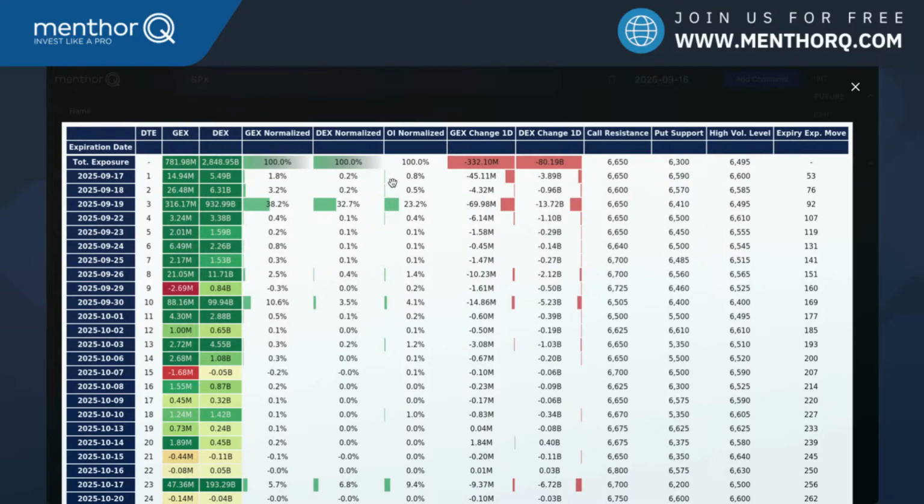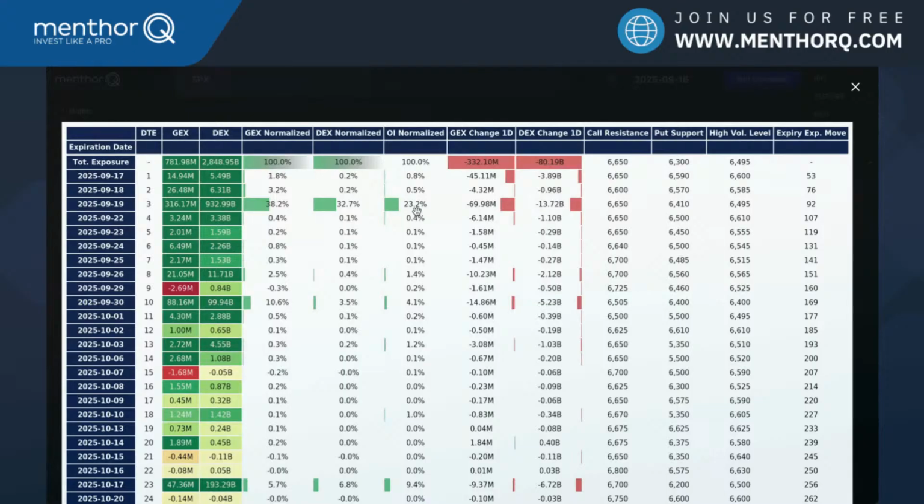So by looking at the whole option chain, how much gamma is expiring for each of the expirations, how much delta, and how much open interest. Why is that important? Because after this date, 38% of gamma exposure is no longer going to be there. So the options expire, and 23% of open interest is gone after the 19th, right?